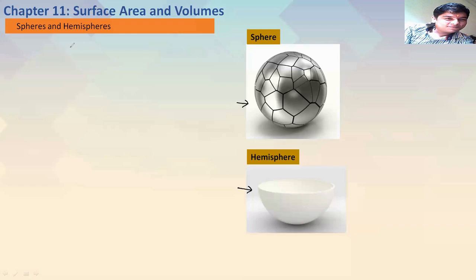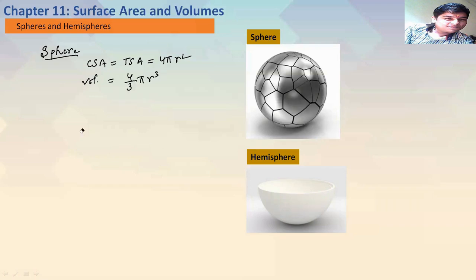For a sphere, we have CSA and TSA equal to 4 pi r square. It's the same, curved surface area and total surface area. And the volume is 4/3 pi r cube. Fantastic.